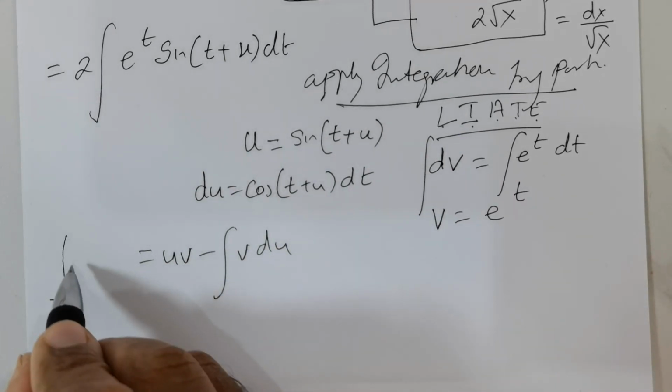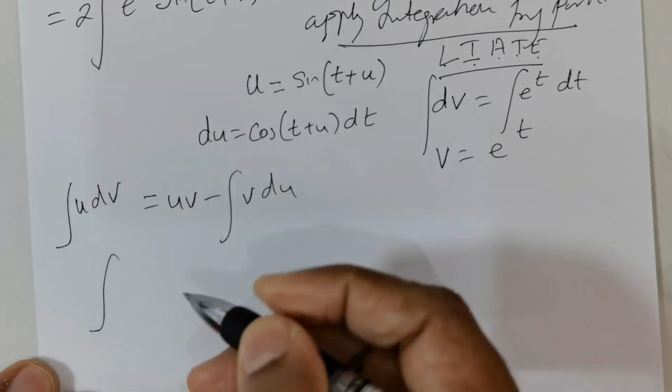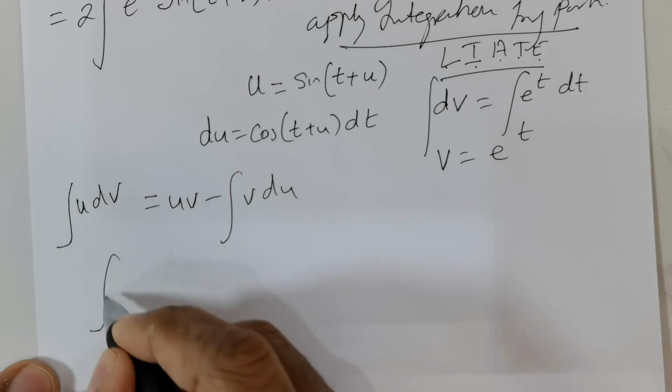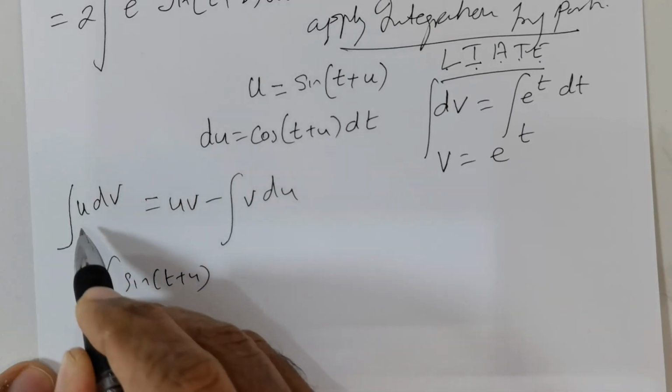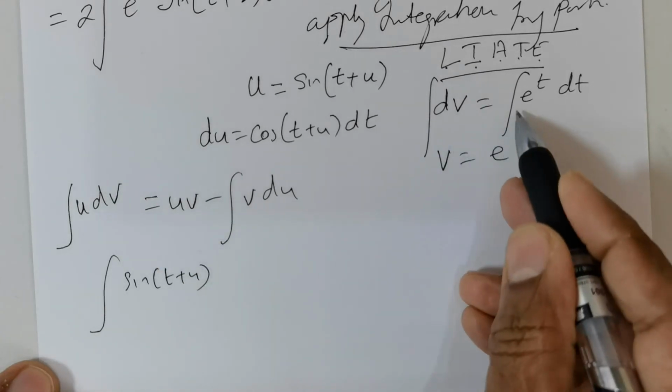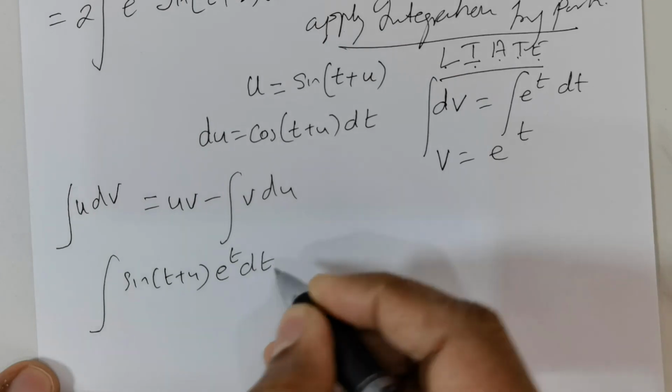So let me write that, u dv. This is u, sine of (t plus u). My dv is e raised to the power of t times dt.